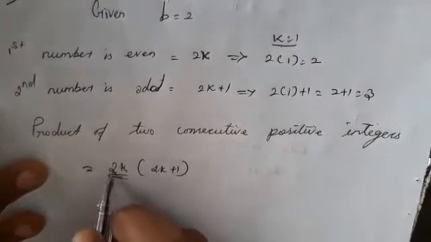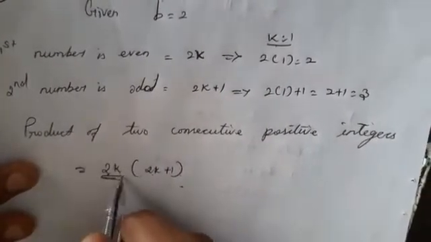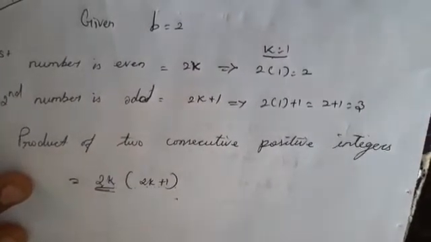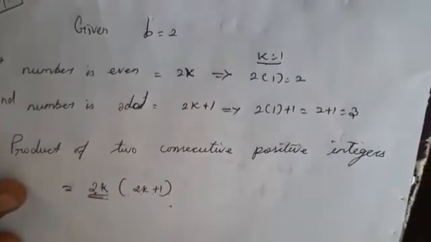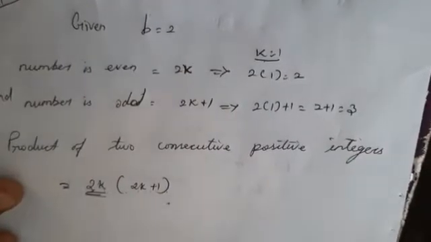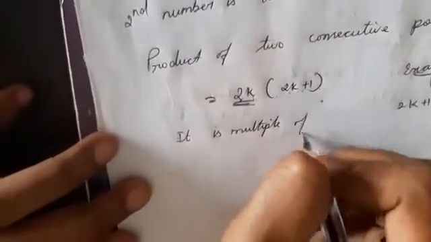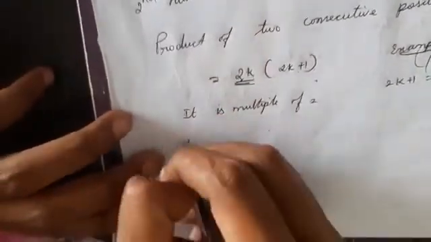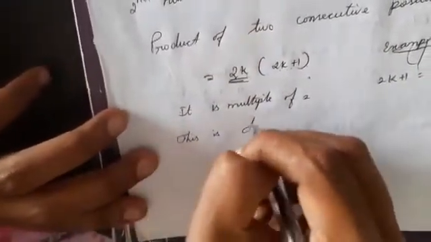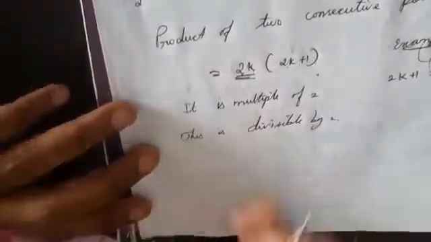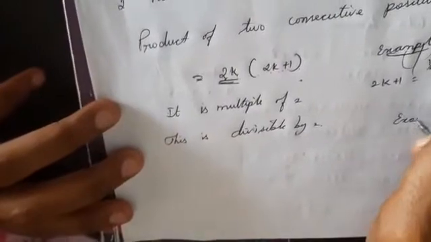That one is 2 into something. 2 into something, that answer is even. 2 is an even number, so 2 into anything, that answer is also an even number. It is a multiple of 2. This is divisible by 2.